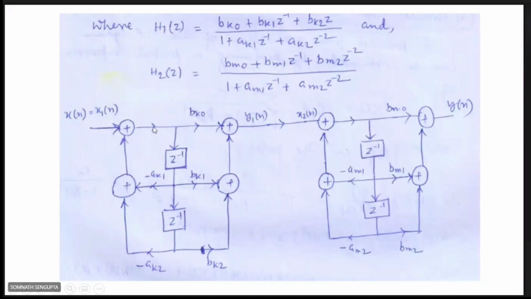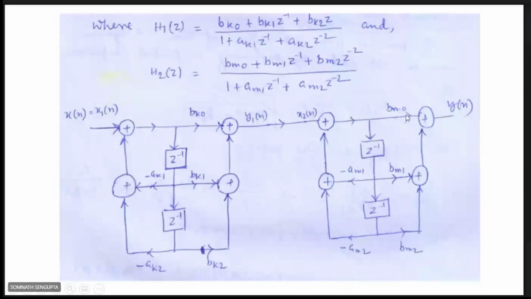Now the output of this stage, y1n, say the first stage, goes to the input of the next stage. For the next stage, it is done in a similar way.